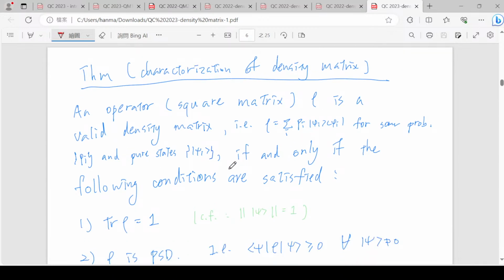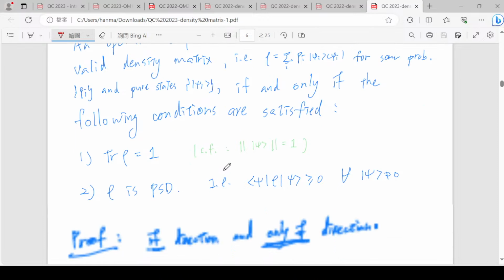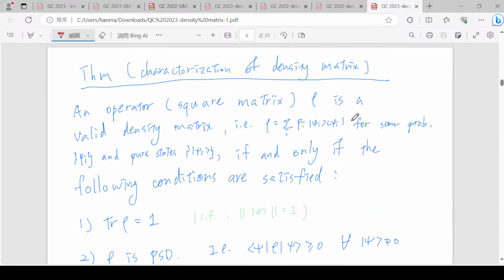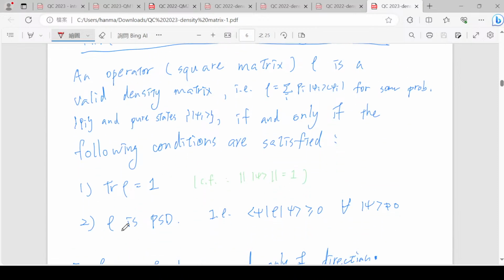That means you can always find an ensemble corresponding to it, but it's an if and only if condition. So the ensemble interpretation we had before will always satisfy these two, and if you satisfy those two, you can find the corresponding ensemble. The set of states that satisfy those two conditions are exactly the set of states that we consider as valid density matrices.